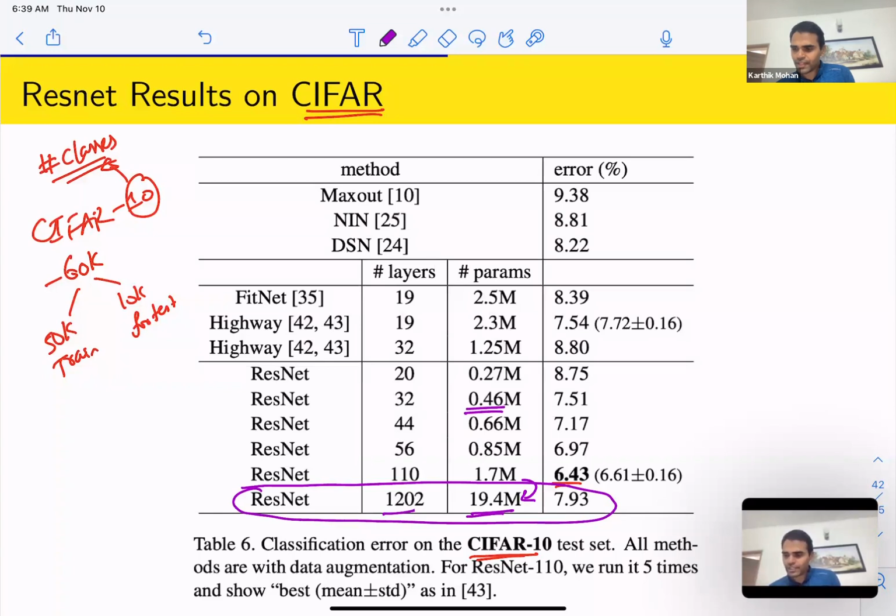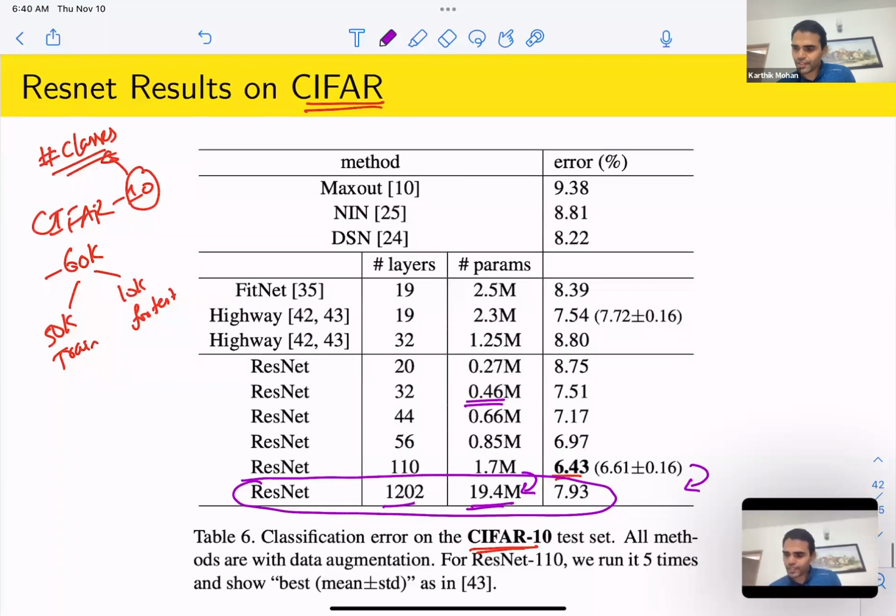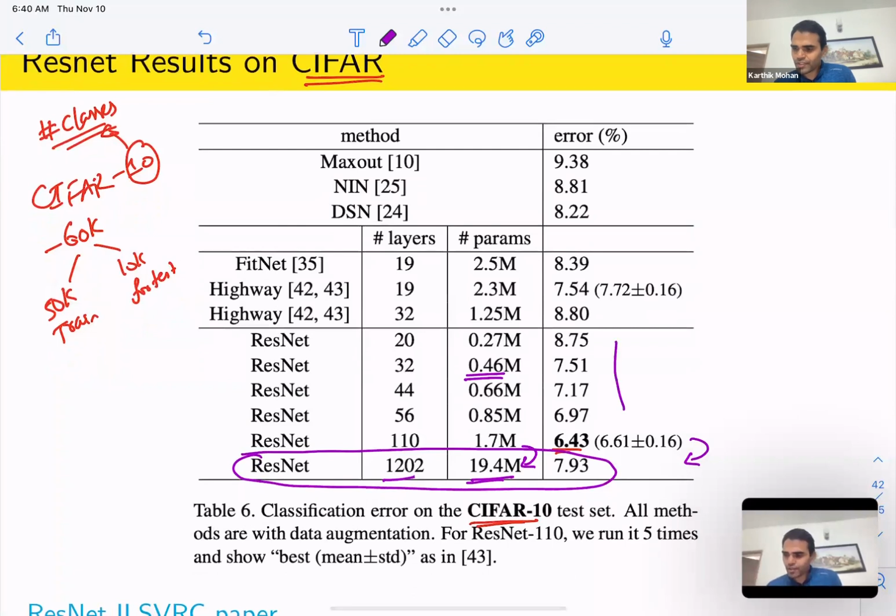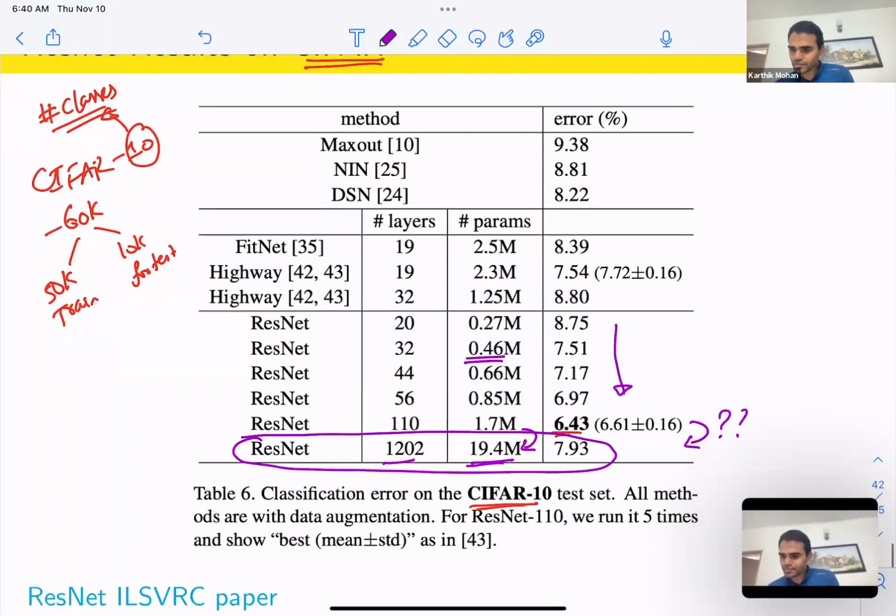So the error actually went up from here to here. We spoke about degradation, so what's going on here? Is there a degradation or is there something else going on, that the error has actually gone up? So far all of this makes sense, but here, what's going on, we'll talk about that.